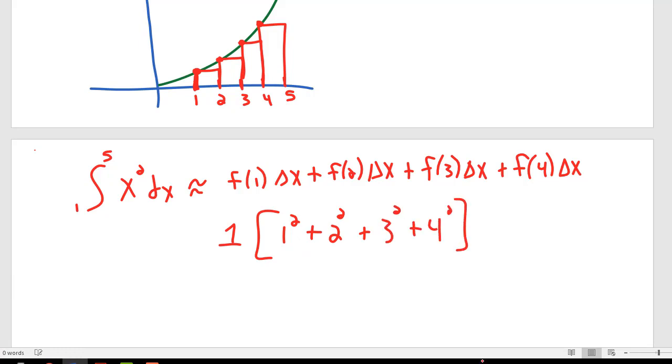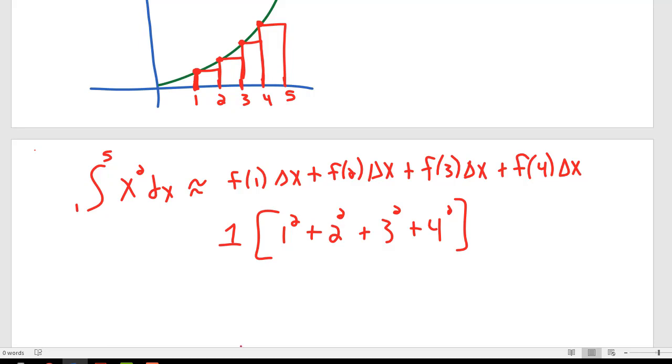Right, and again, visually, I'm plugging in x equals 1 up here in my left endpoint, and I'm finding the y value, which is 1 squared. I'm plugging in the second interval, taking 2, plugging it in my equation, finding the y value, which is 2 squared on my parabola. Then I get 3 squared and 4 squared. So there's my 4 subdivisions.